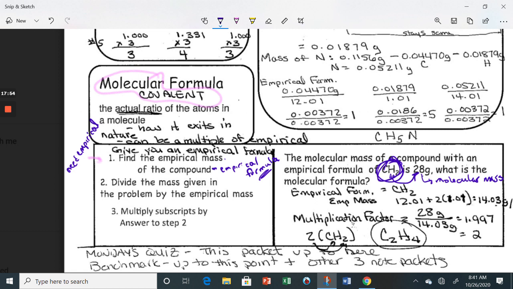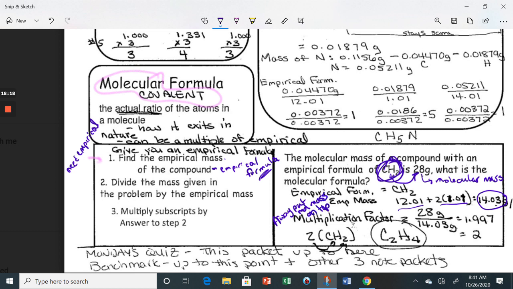So I go ahead and add up like I would to get a formula weight. I have 12.01 from the carbon and 2 times 1.01 from the hydrogen. So this is how much the empirical weighs, and then I always put the molecular mass on top.